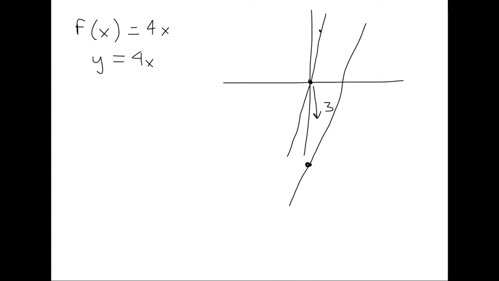And if we're comparing this line and this line over here, this y is going to be 3 units less than this line, and so on. So how would we decrease our y value? Well, we could just say y equals 4x minus 3, okay? We want to decrease our y value by 3, or if we wanted to move it up by 3 units, we would say y equals 4x plus 3, because we're increasing our y value. Okay?